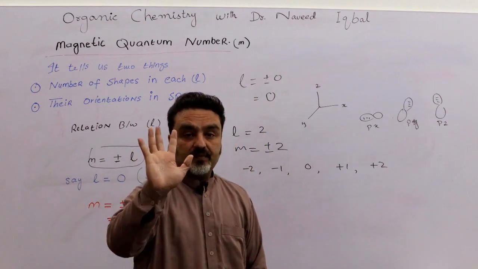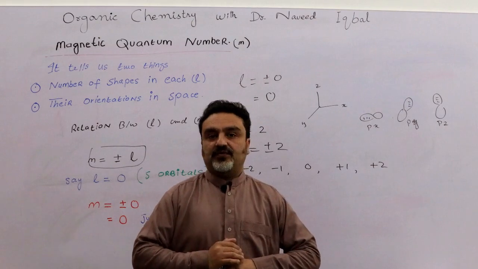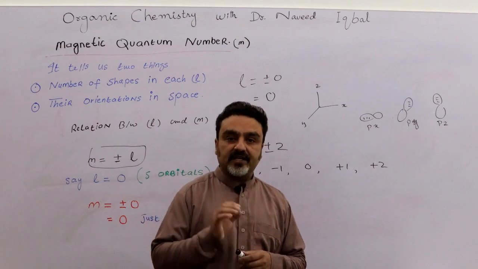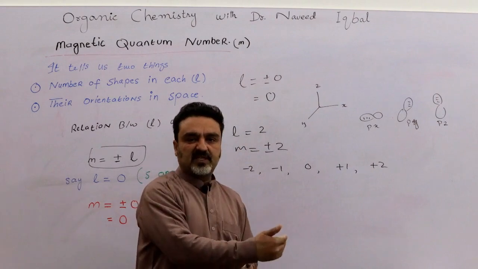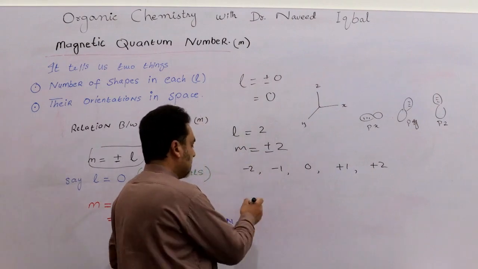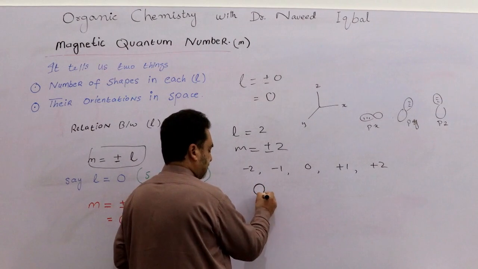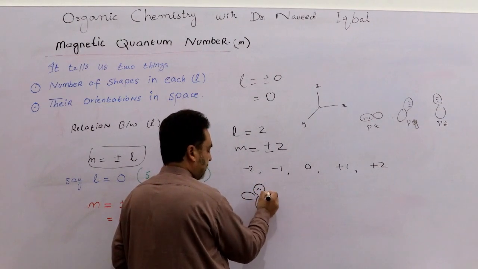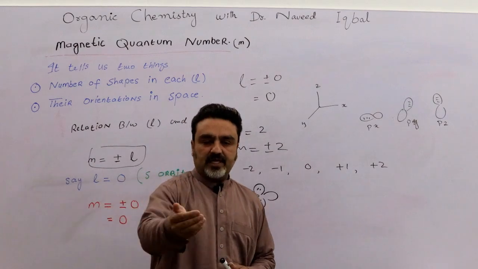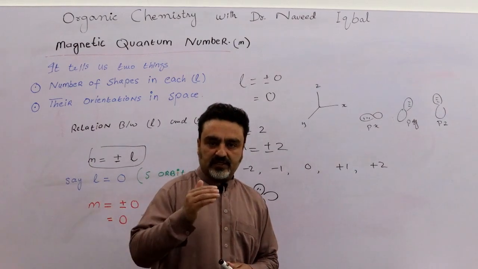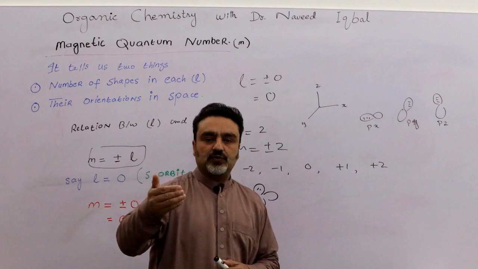So there are 5 compartments and there are 5 ways that these compartments are arranged. Roughly, we know from our preliminary knowledge that the d orbital is a double dumbbell. How they are arranged you will understand through models in the next video.